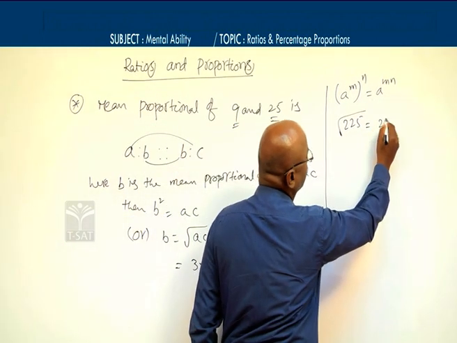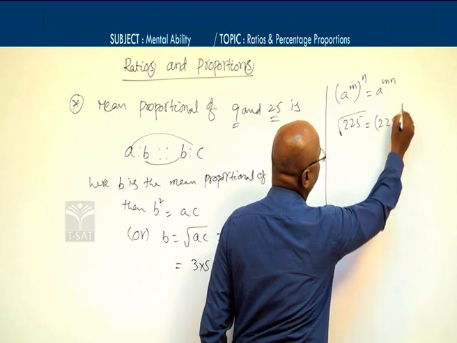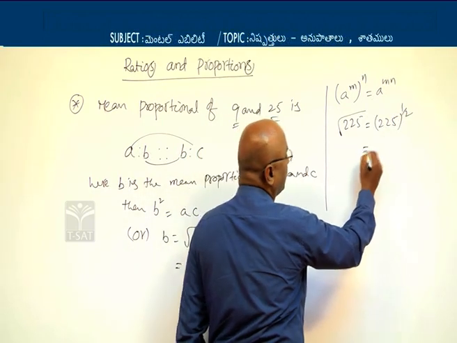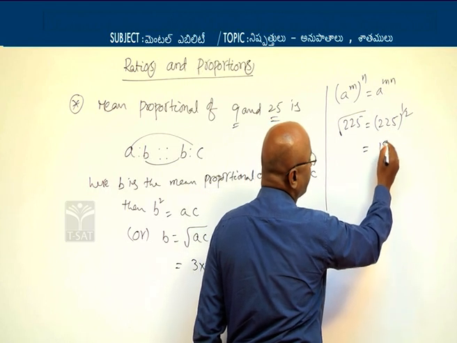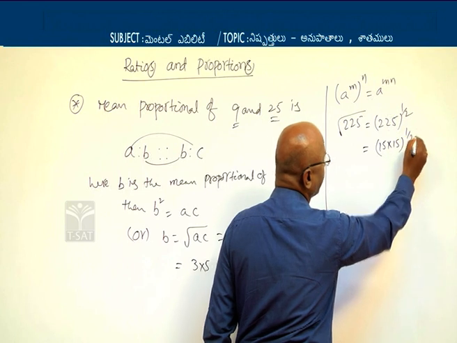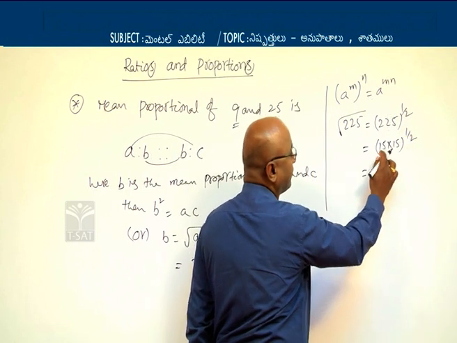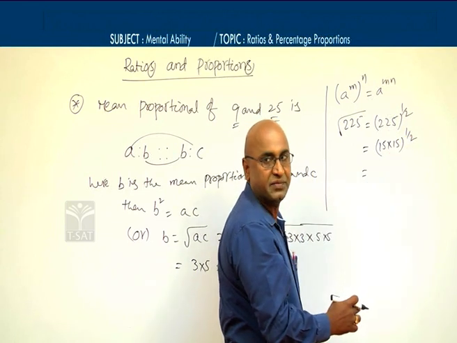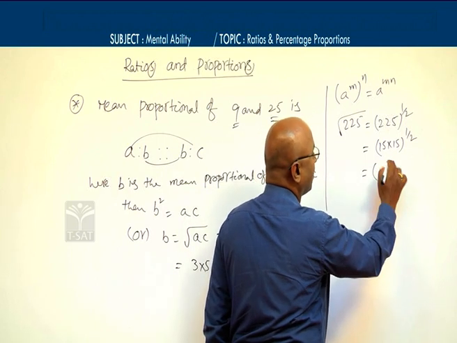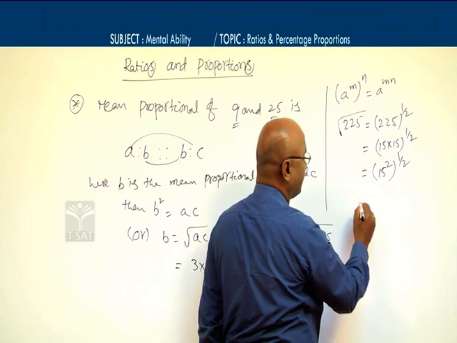Root means 225 whole to the power of 1 by 2. Correct? Now 225 can be written as 15 into 15 whole to the power of 1 by 2. 15 into 15 can be written as 15 square, 15 square whole to the power of 1 by 2.